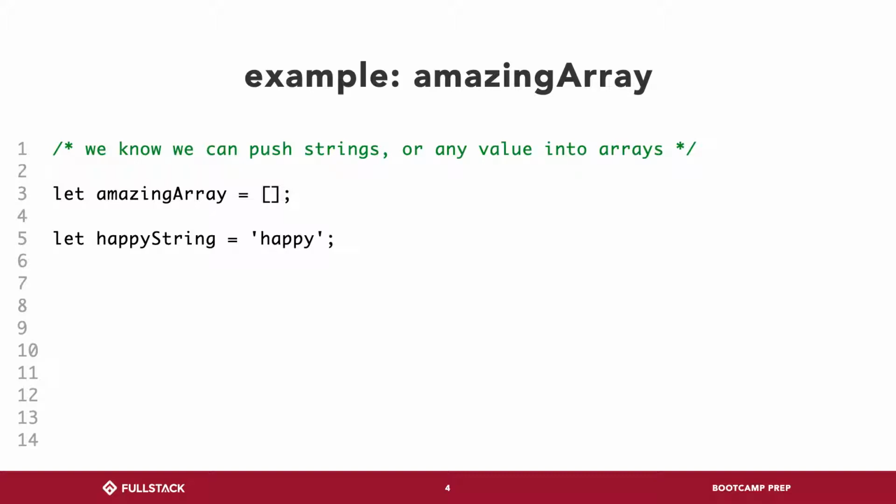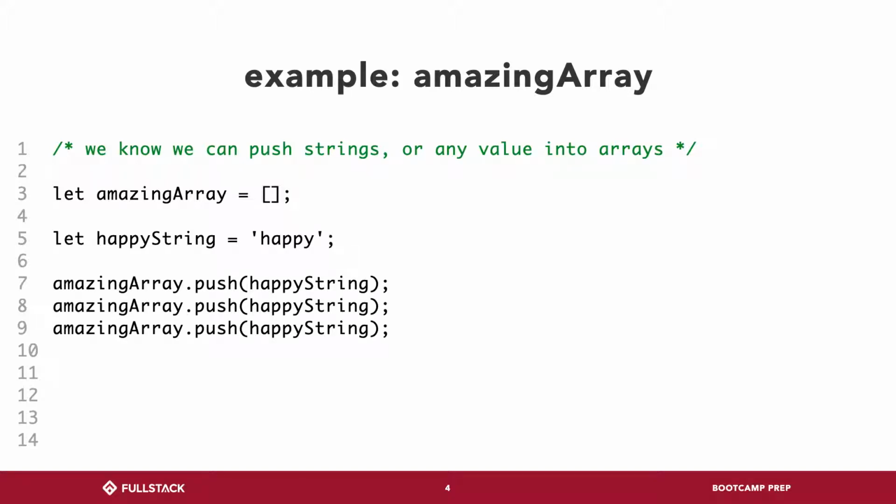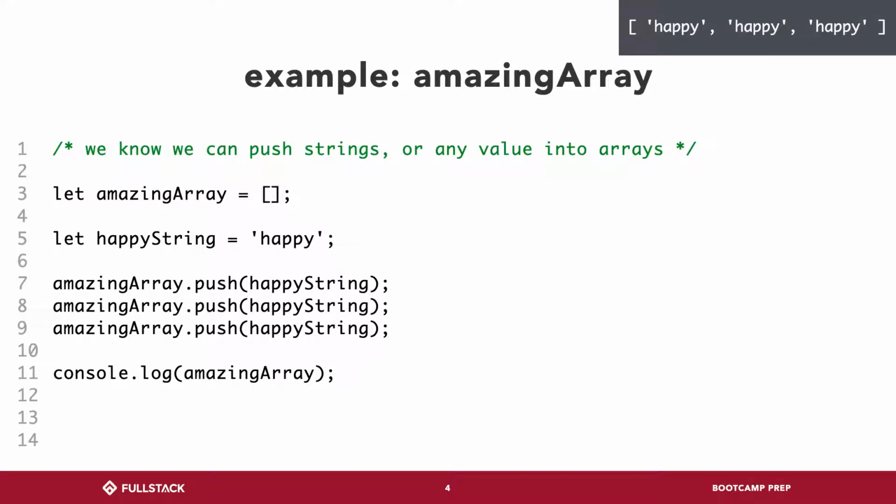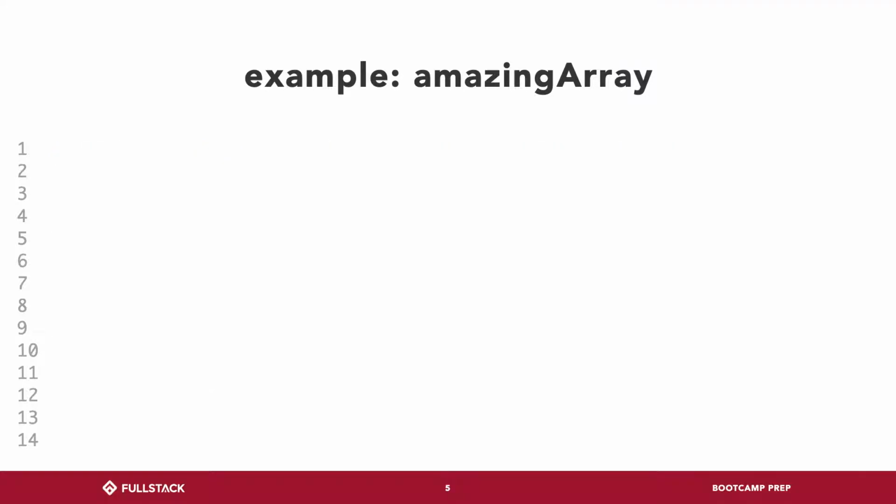So we know we can push strings or any value into arrays, right? Let's say you have let amazingArray, happyString is just happy, amazingArray.push(happyString) three times, console.log(amazingArray). You get happy, happy, happy, right? You guys are cool with that?